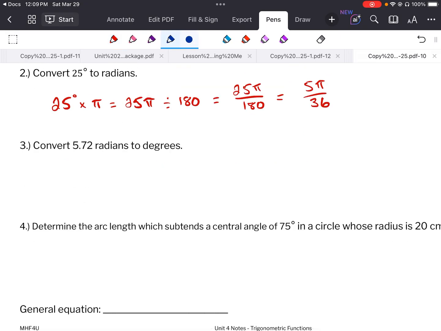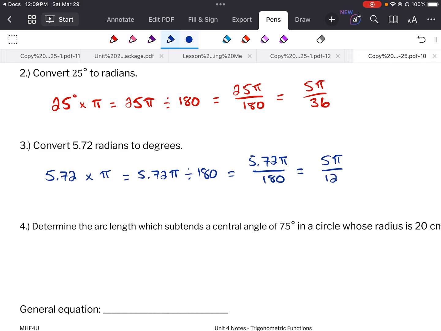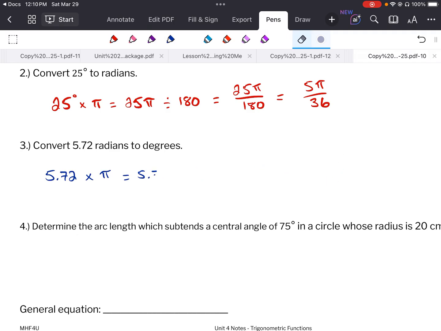Convert 5.72 radians to degrees. Oh, my mistake, I was reading the wrong one. 5.72 radians, we're going radians to degrees, so we multiply by 180.